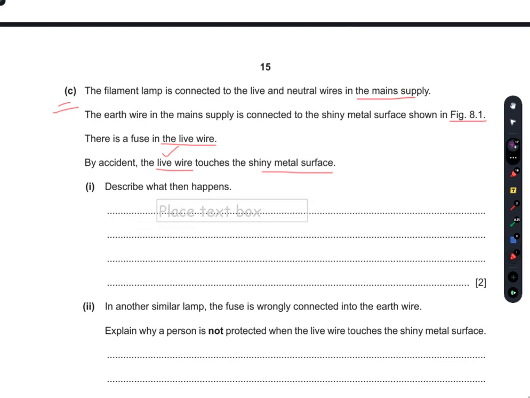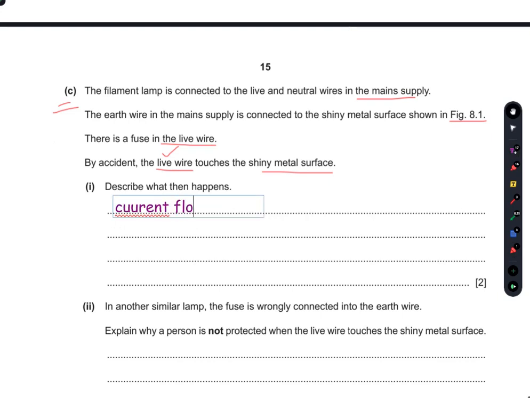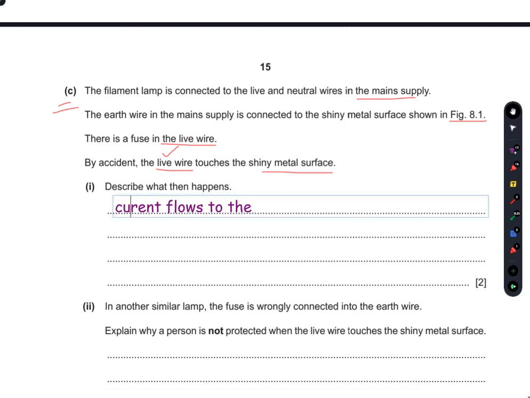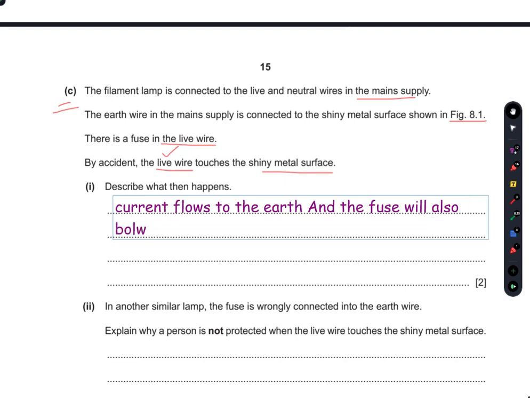So I can write here that current flows to the earth, and the fuse will also blow as soon as the live wire allows the current to pass through the shiny metal surface, and the fuse will also blow.